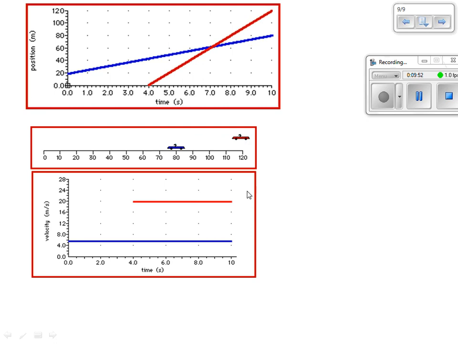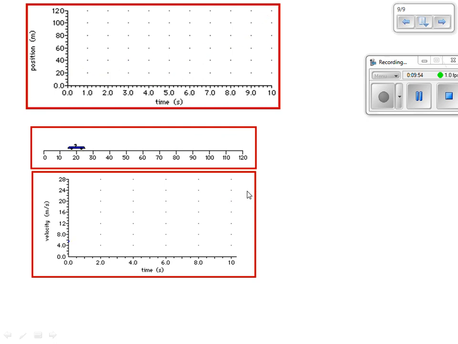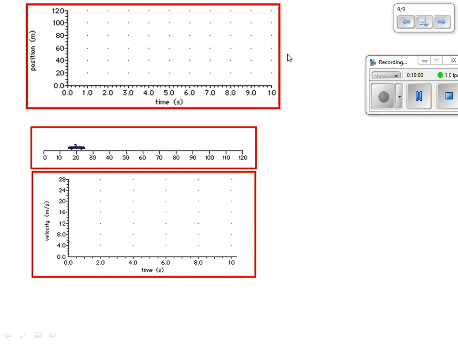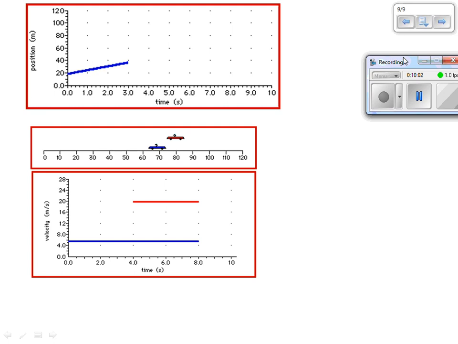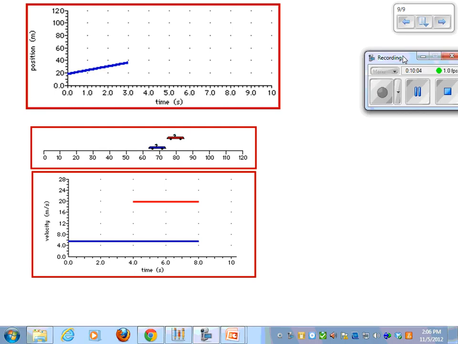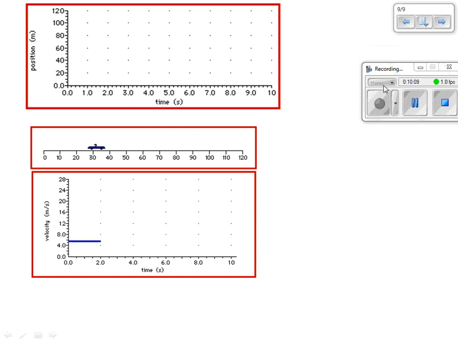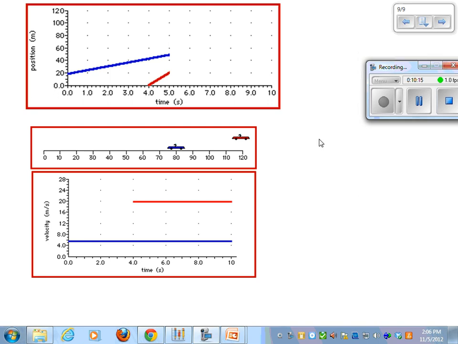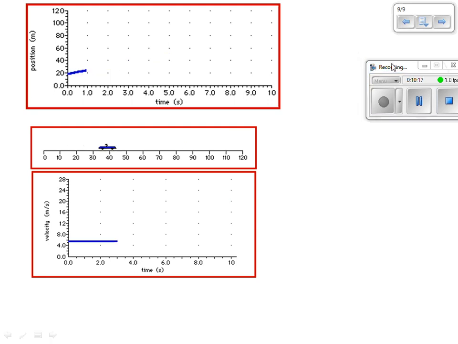Now, can you tell from just this picture? I can pause it. Oh, that's not good. Can you tell from just this picture? I want it to keep going. Click on... Oh, this one's behind. No, I need the actual.